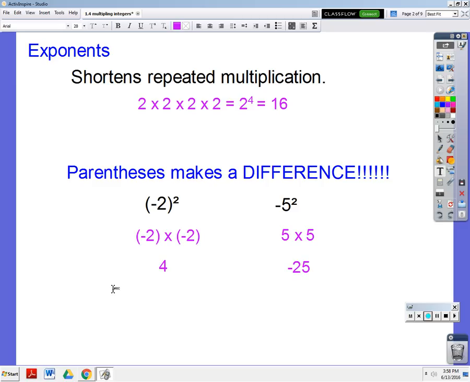For example, if I had -3 to the third power. That would say I'm using the -3 times itself 3 times.